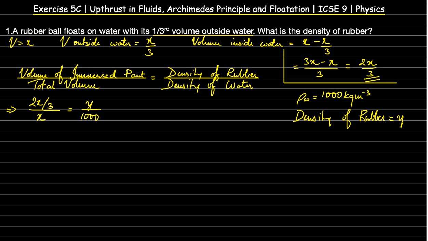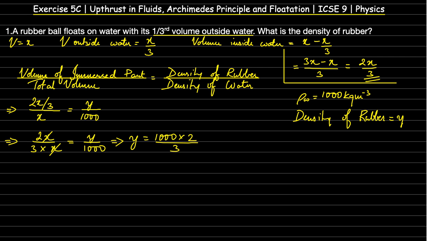So it's pretty simple. We need to solve this. So 3 comes to the denominator. We get 2x divided by 3 into x is equal to y divided by 1000. x and x cancel. So we get y is equal to 1000 goes to the other side into 2 divided by 3.